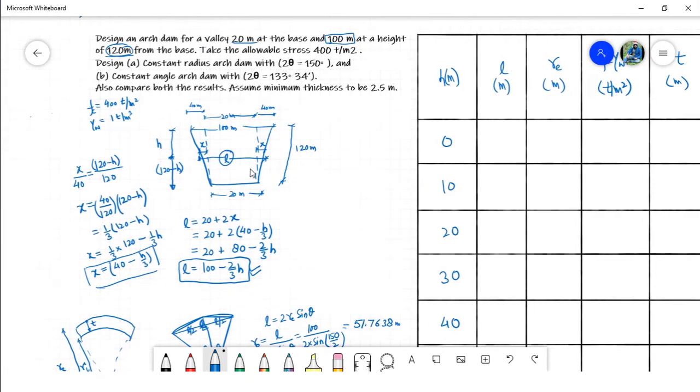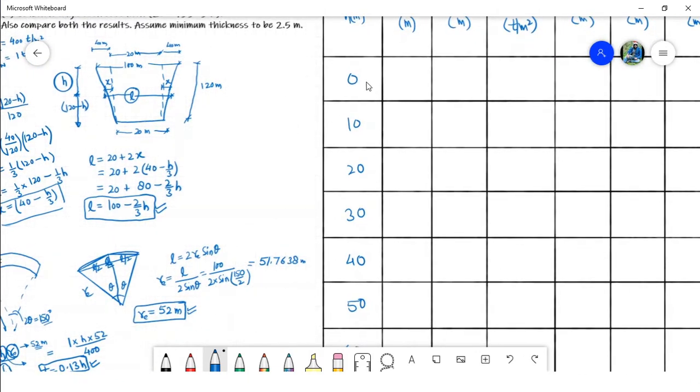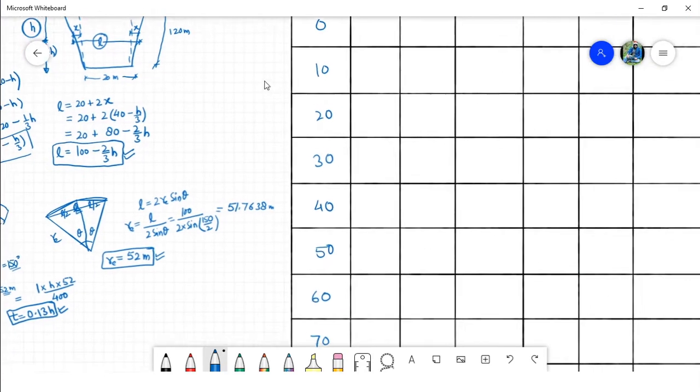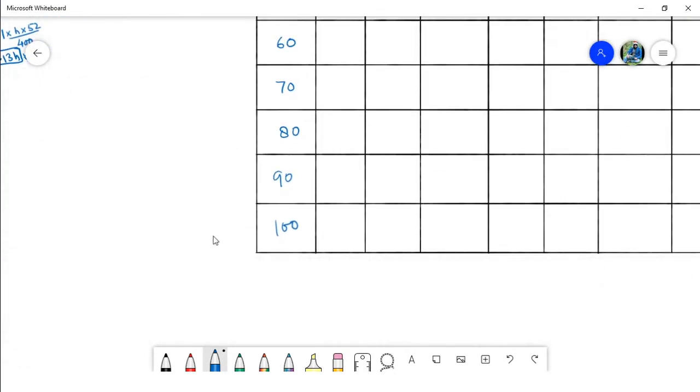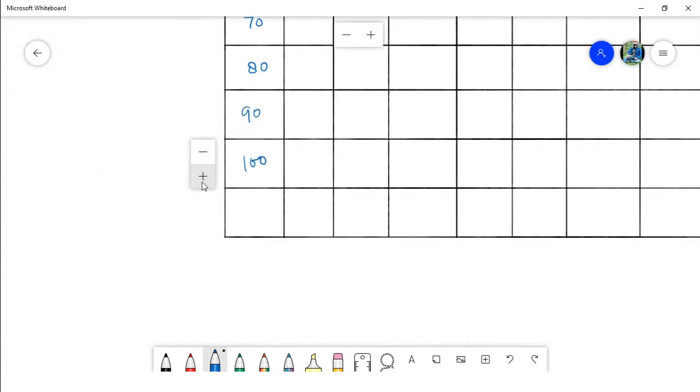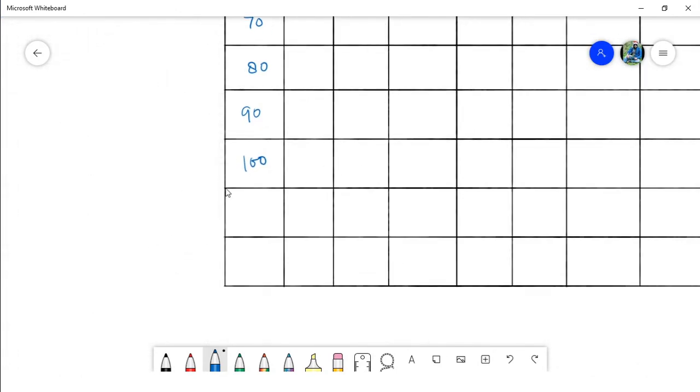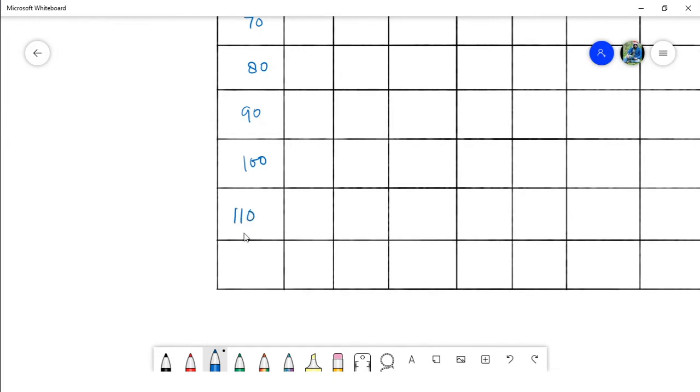Since the total height of this arch dam is 120 meter, I have divided this into 12 parts of 10 meter each, so let us say up to 110 and 120.